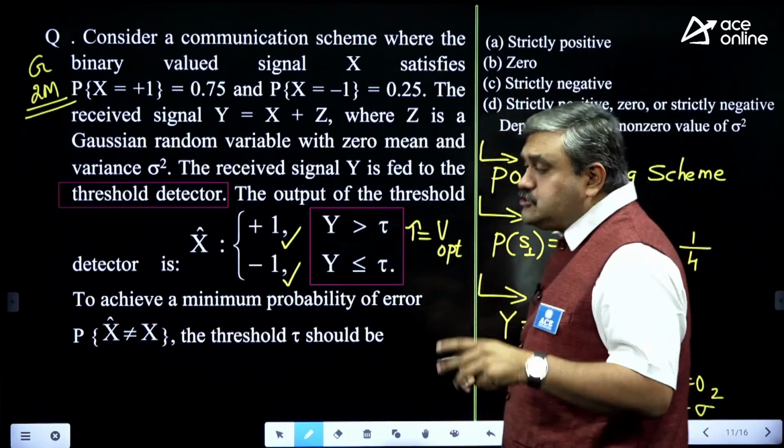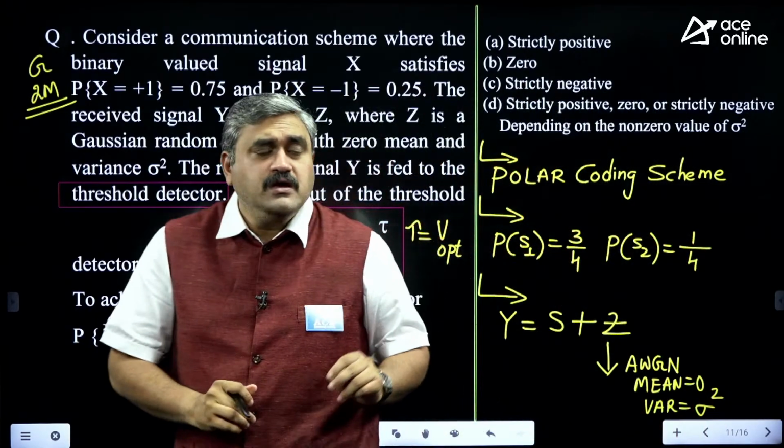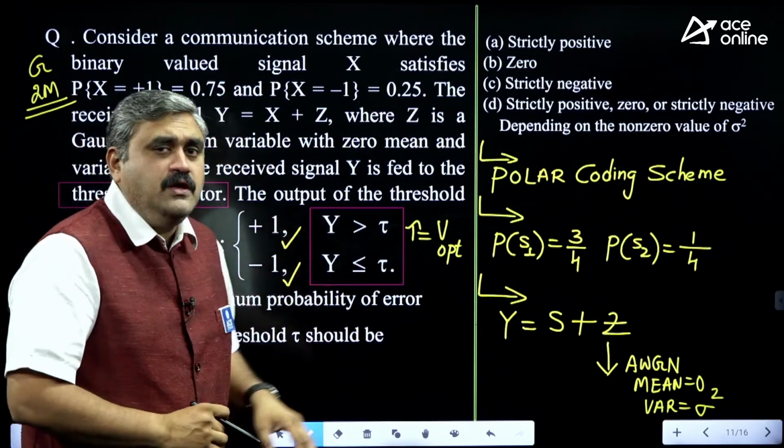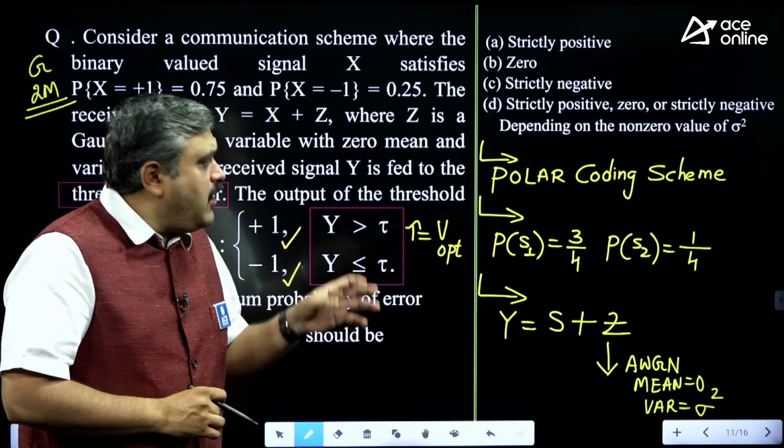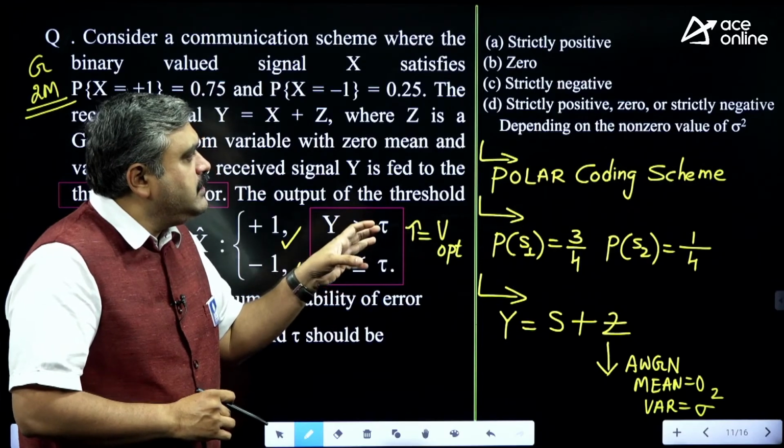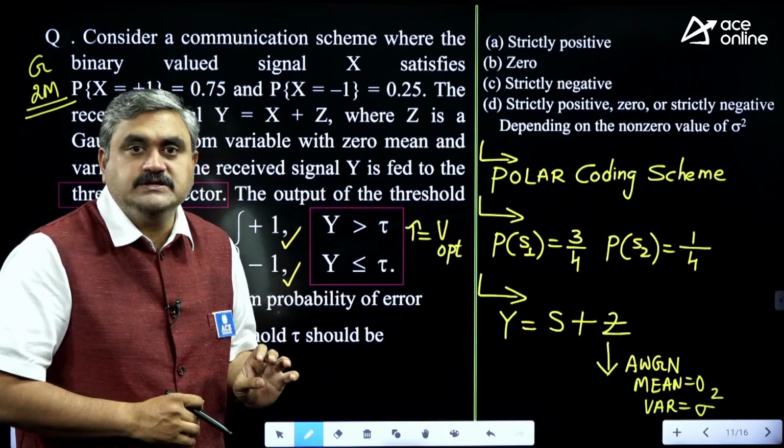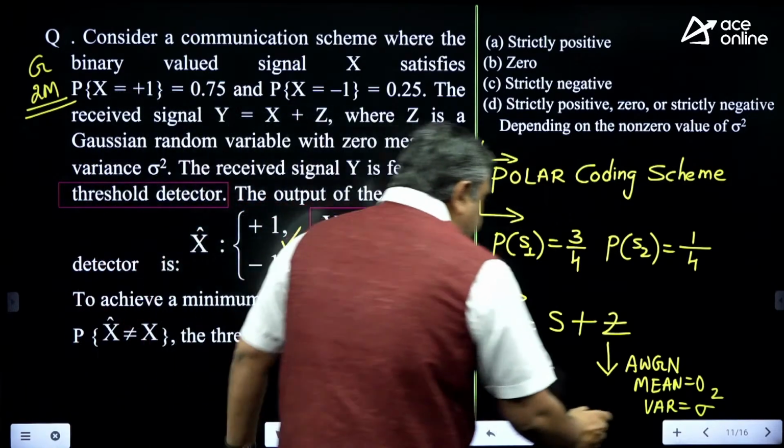See this. It should be strictly positive, it should be 0, it should be strictly negative, or positive, 0, negative, depending on the non-zero value of sigma square. So what is our formula here?